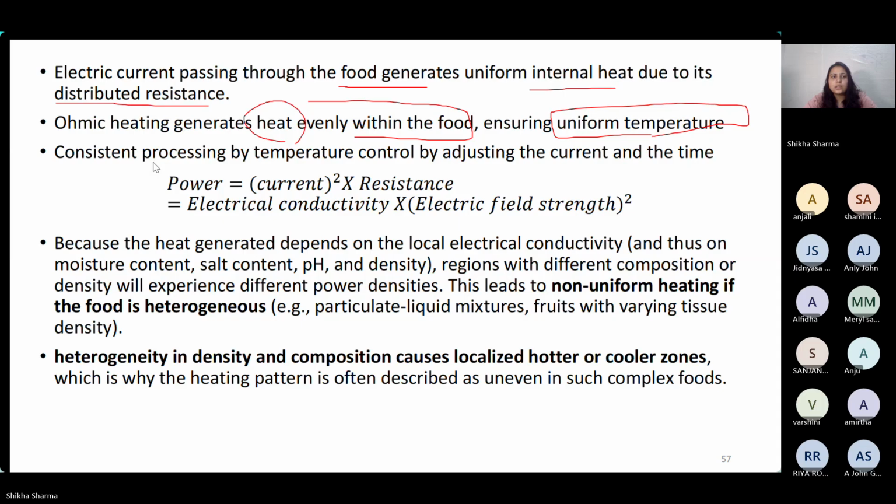So for consistent processing, we can do temperature control by adjusting the electrical current and time.